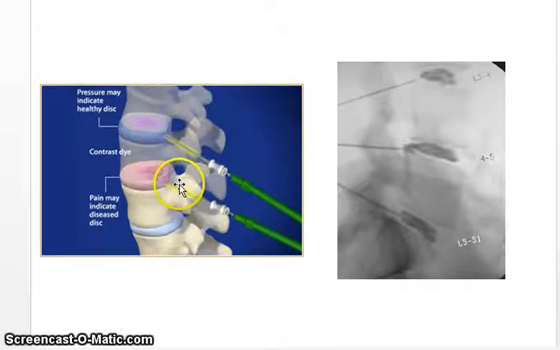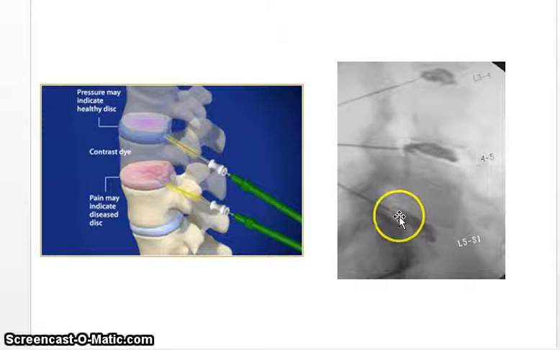So they put a needle into the actual vertebral disc, they inject contrast, and this is what it looks like on an x-ray. So in the intervertebral disc spaces they inject contrast into the disc, and while the needle's going in, a lot of times this procedure will mimic the pain that the patient is having.